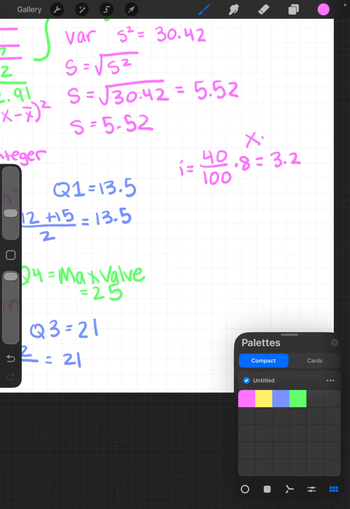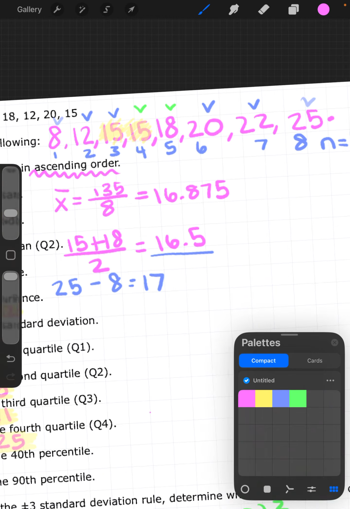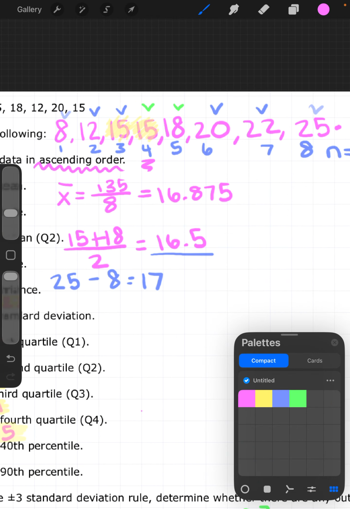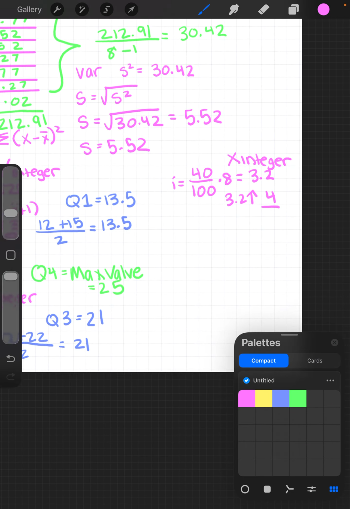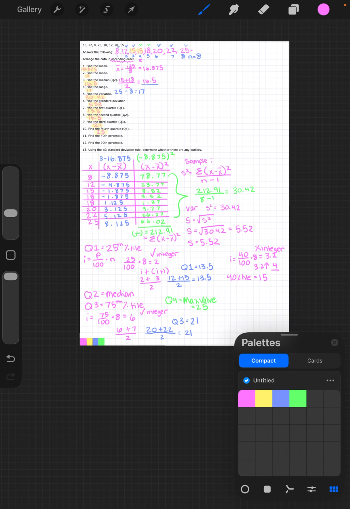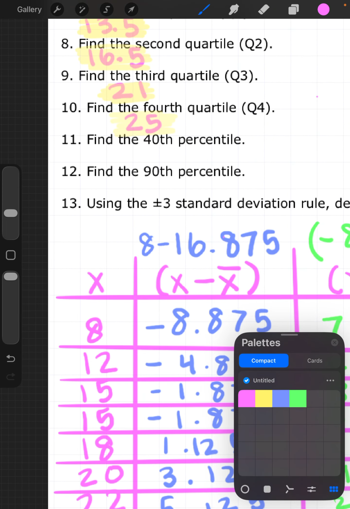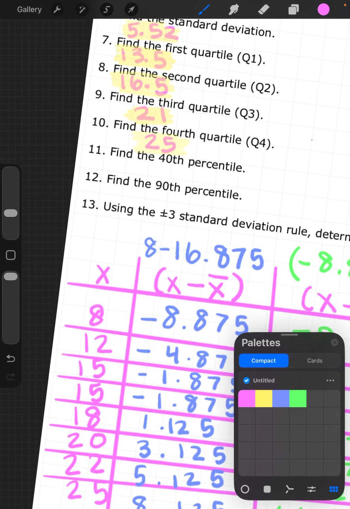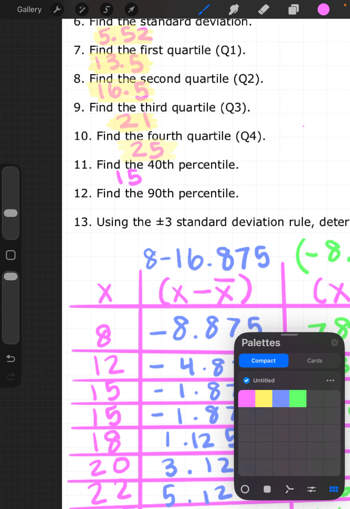And this is not an integer. So we're going to round it up to 4. And our fourth position is 15. So our 40th percentile is equal to 15.